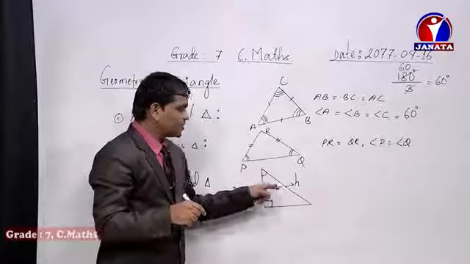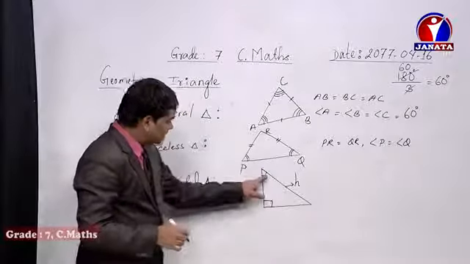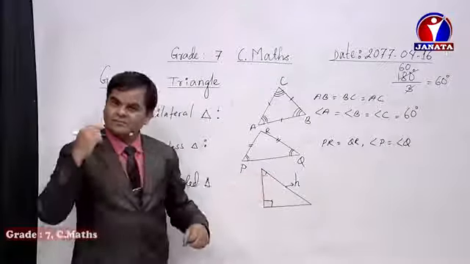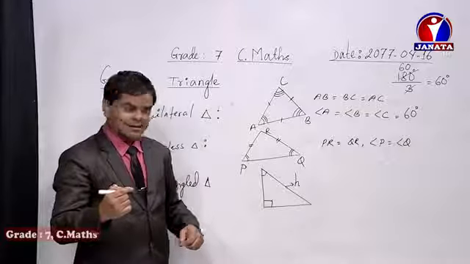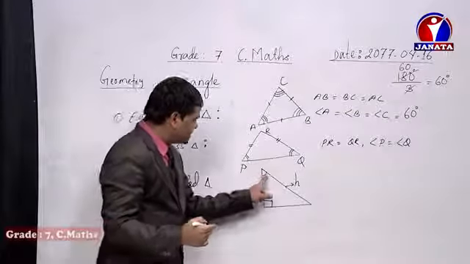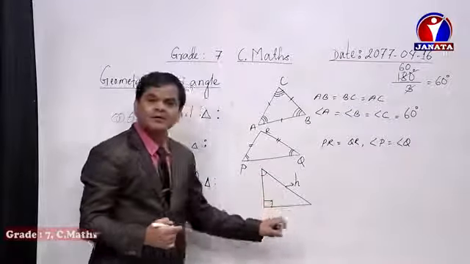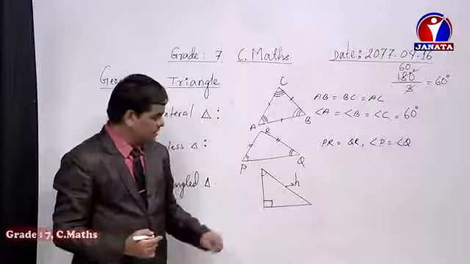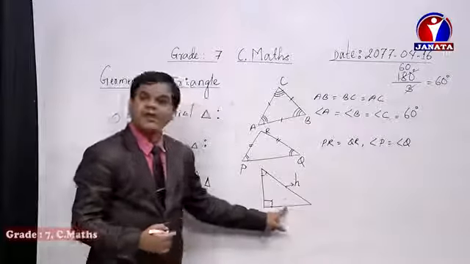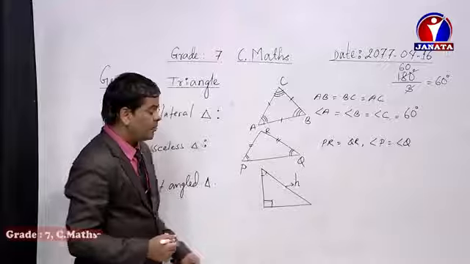So if the reference angle is given, it means this angle is somehow identified. Because of that reason, opposite to that identified angle, which is known as the reference angle, the side formed in a right angle triangle is known as the perpendicular.